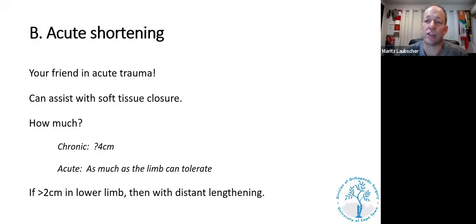In a chronic situation of stiff tissue, you can seldom shorten more than 2 centimeters or up to 4 centimeters, not because you're not allowed to do more than that, but it's not technically achievable. Acute, you can usually do much more. Of course, in the lower limb, if you do shortening of more than 2 centimeters, you should consider lengthening at a distant site, either at the same time or at a later stage.